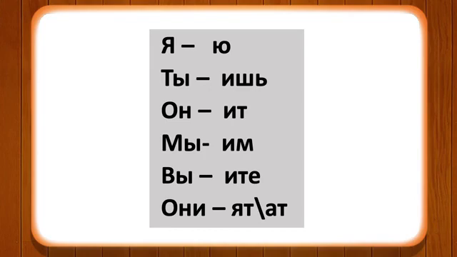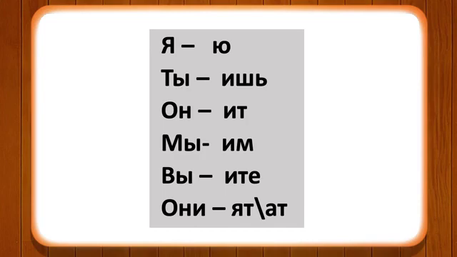For pronoun mui, you add the ending im. For pronoun vui, you add the ending iche. For ani, you add the ending yat to the stem. Some verbs take the ending at. That we will learn subsequently.